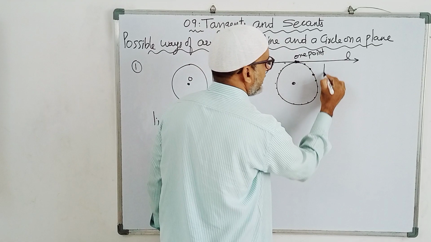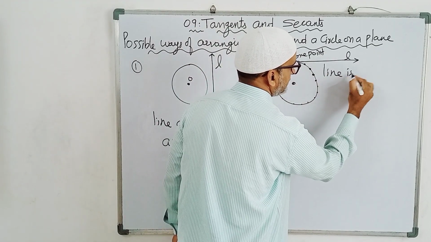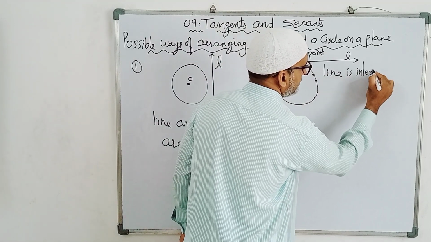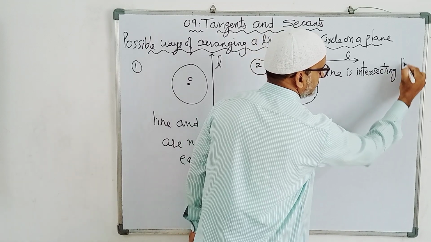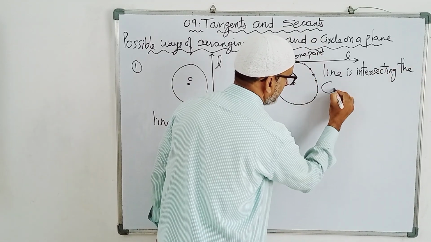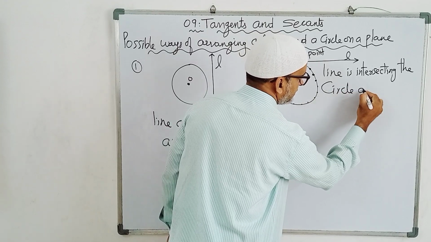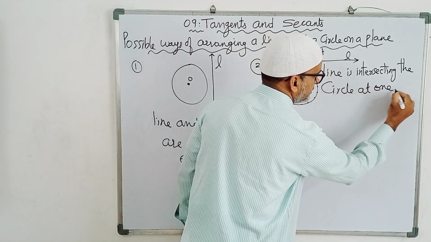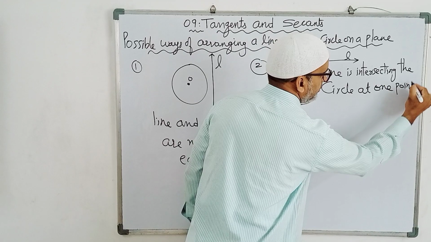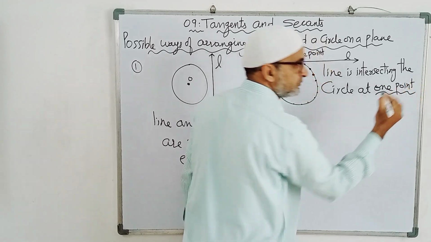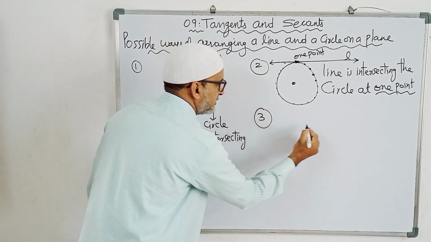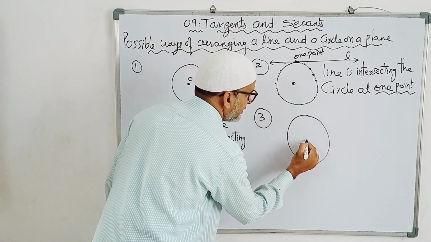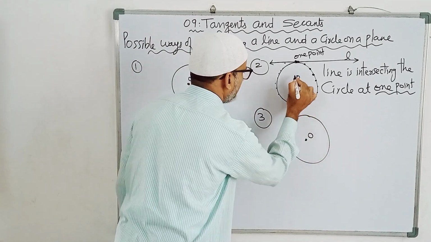Means the line is intersecting the circle at one point. This is the second case. Number three: this is the circle with center O. O you can give the name or nothing here.